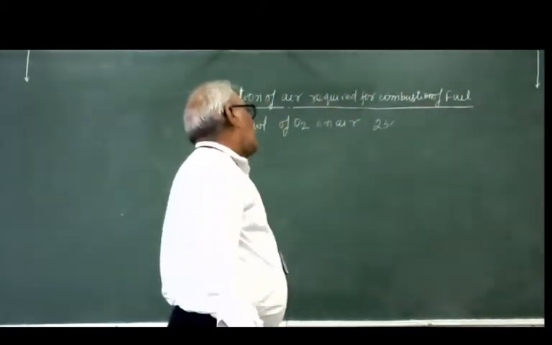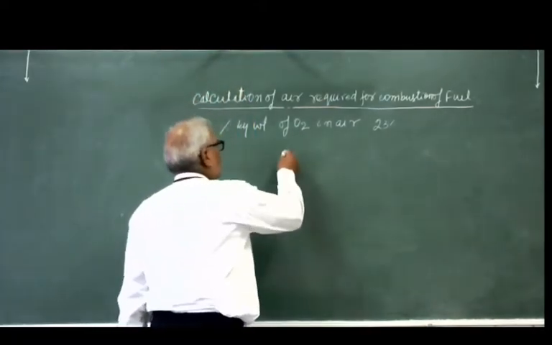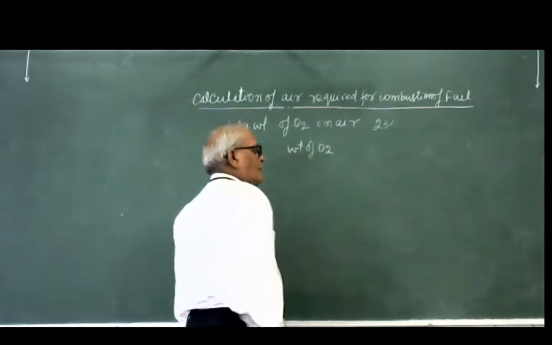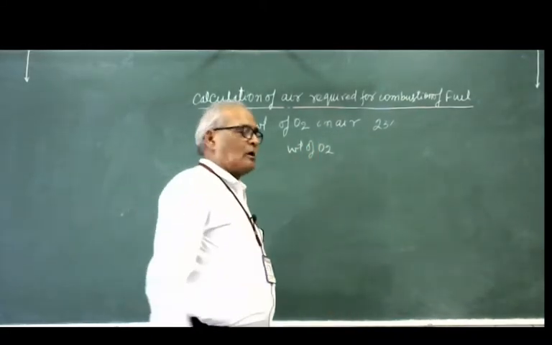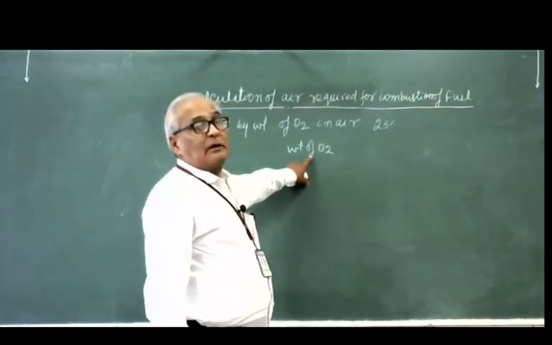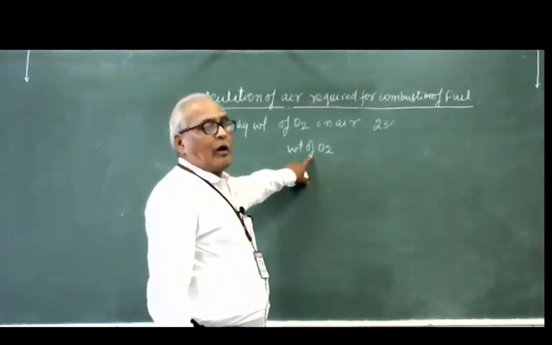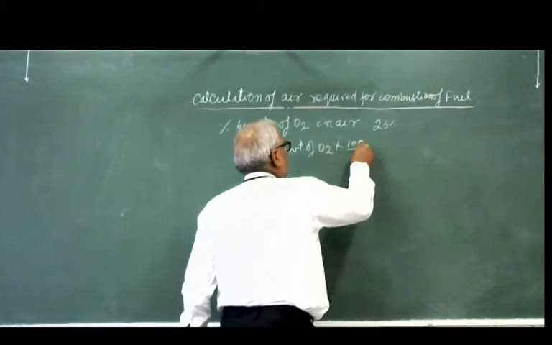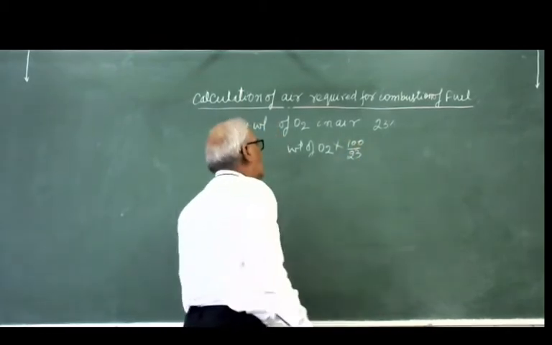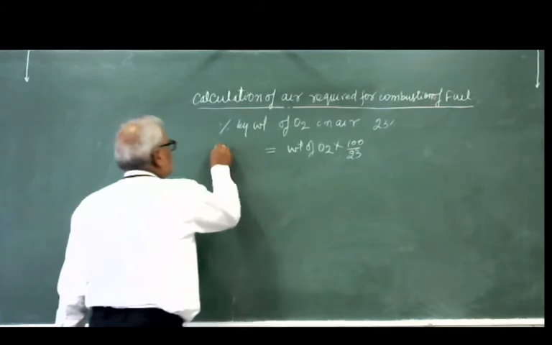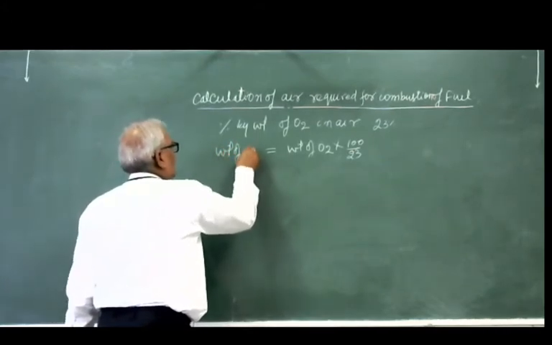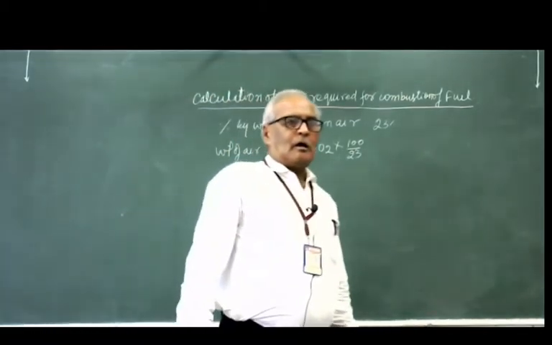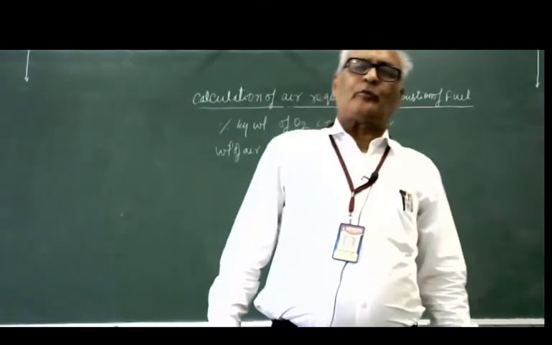Very easily you can say that total weight of the O2 required for complete combustion of the fuel multiplied by 100 by 23. This is the weight of air. So easily you can calculate the weight of air.